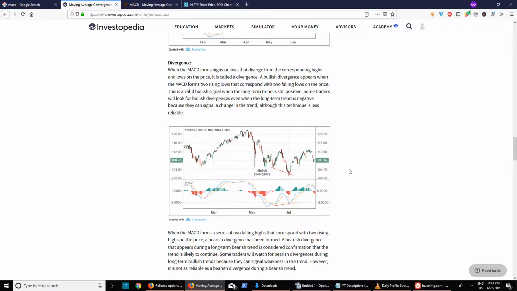A bullish divergence appears when the MACD forms two rising lows that correspond with two falling lows on the price, and this is a valid bullish signal when the long-term trend is still positive. Some traders will look for bullish divergences even when the long-term trend is negative, because the signal can change the trend.